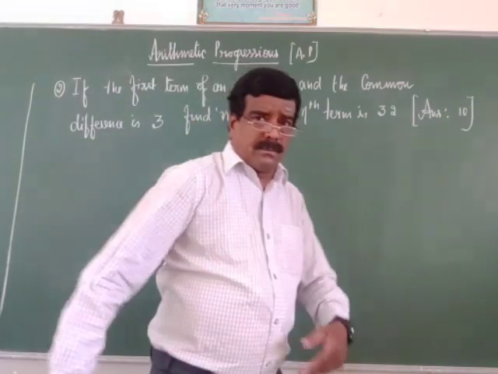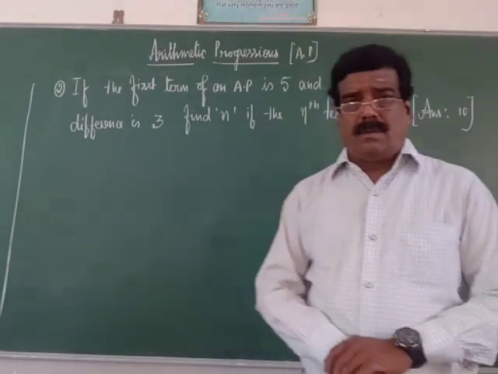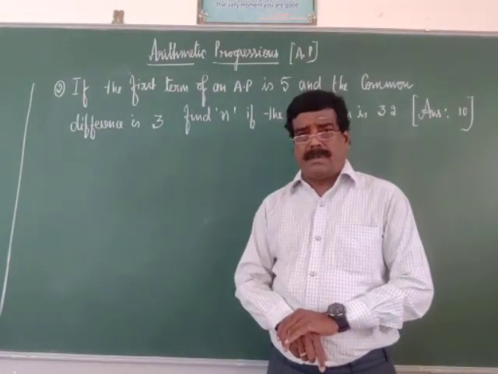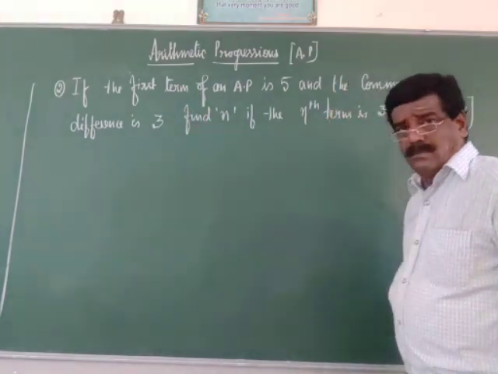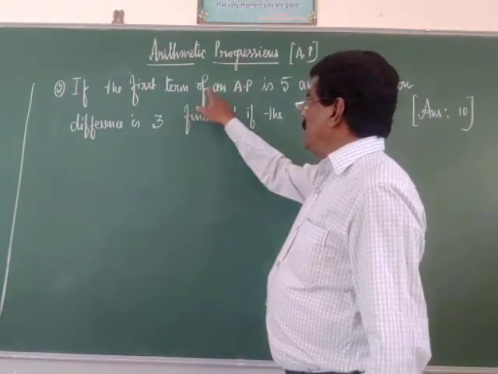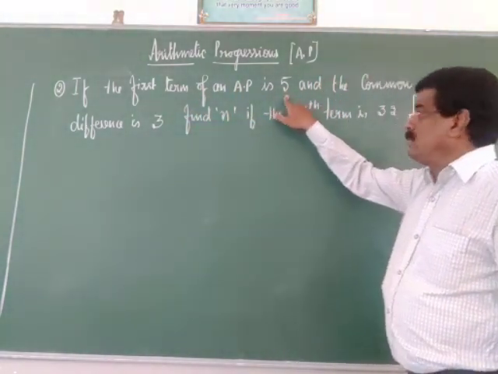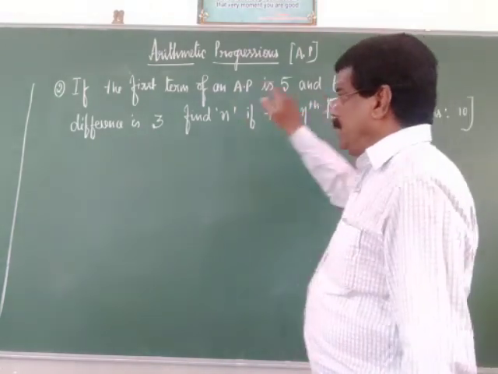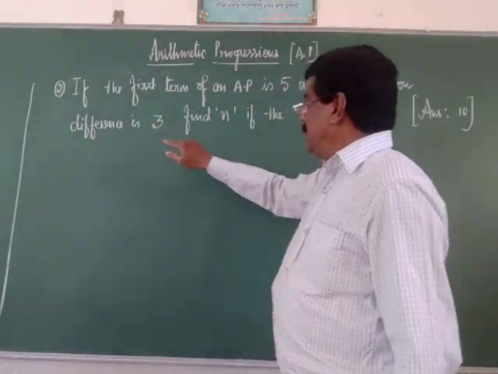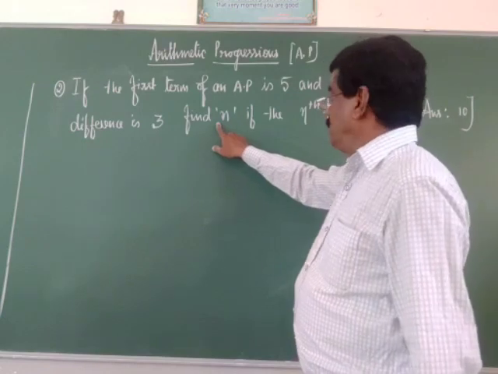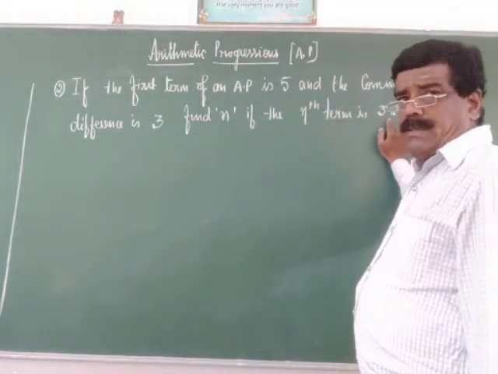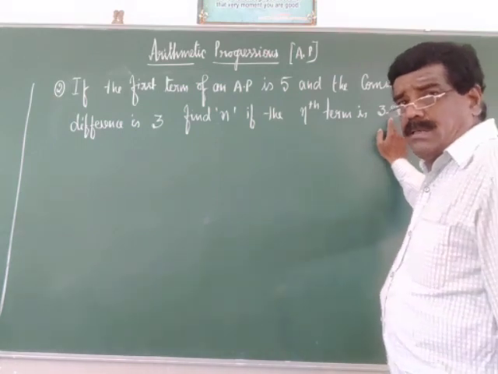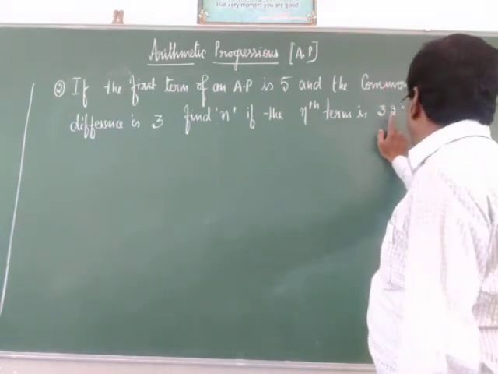Yes, children. Now here is a question which is framed on the basis of the previous question. It means if the first term of an AP is 5 and the common difference is 3, find n, if the nth term is 32. See children, in the previous question 32 was the answer for the 10th term.